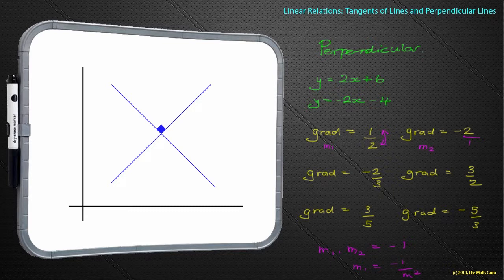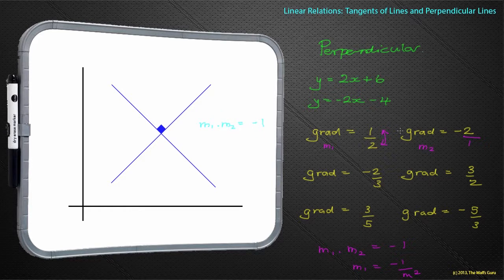Let's go through that very quickly. What does that mean? Well, m1 is minus 1 over m2. If you take 1 over a number, it's the reciprocal, it flips it upside down. And that minus sign literally just changes the sign. Pretty much what we've got. So once again, we can say that m1 multiplied by m2 is equal to negative 1.